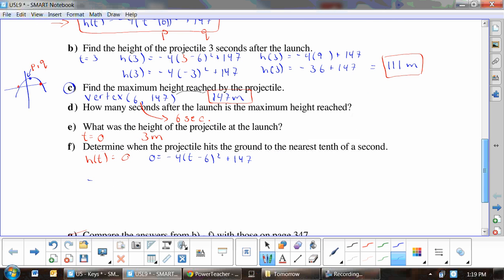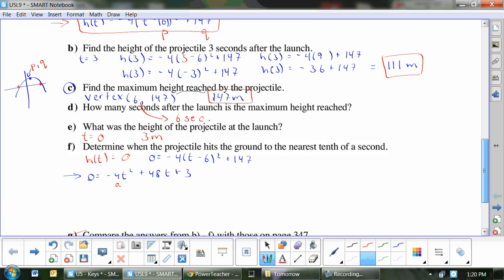So you can go 0 is equal to -4t squared plus 48t plus 3. And if you decide to use this one, you can use your quadratic formula. So I think that's the easier of the two routes. So that's the way that I'm going to do it.